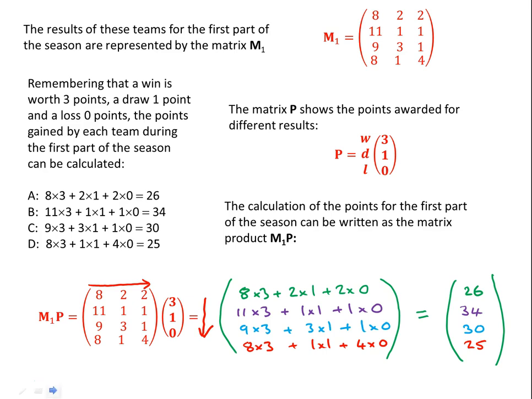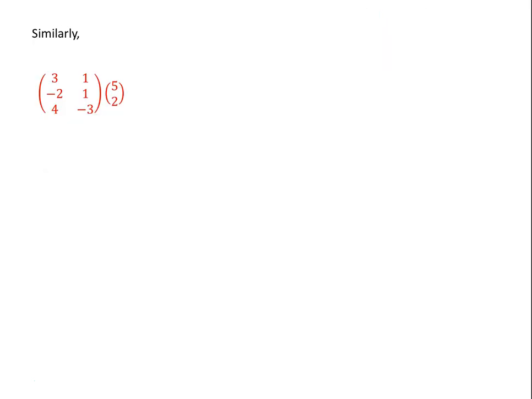So let's have a look at another example of a matrix multiplication. So we are going to multiply the matrix 3, 1, minus 2, 1, 4, minus 3 by the matrix 5, 2. So the first entry is going to be 3 times 5 plus 1 times 2, and that of course is 17.